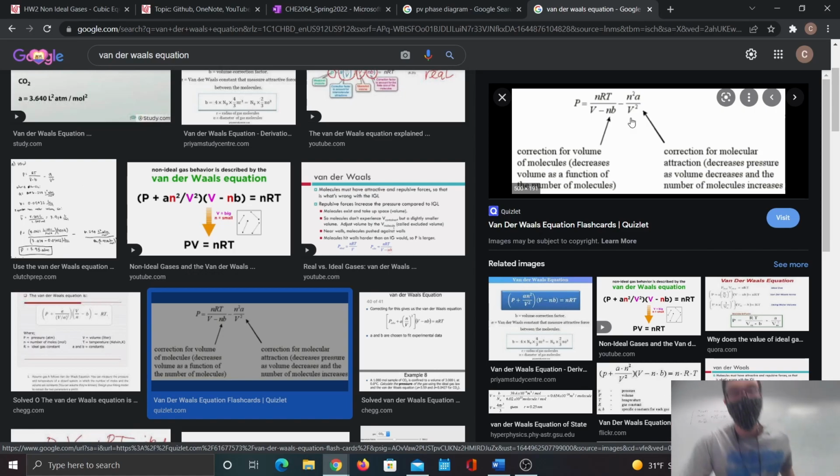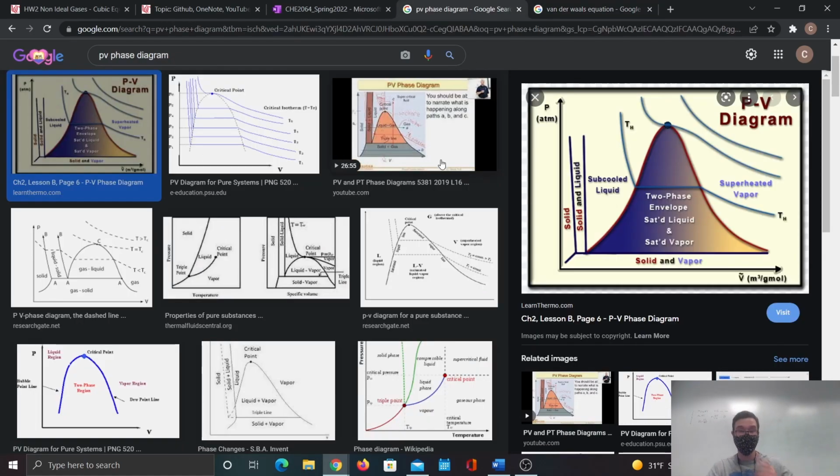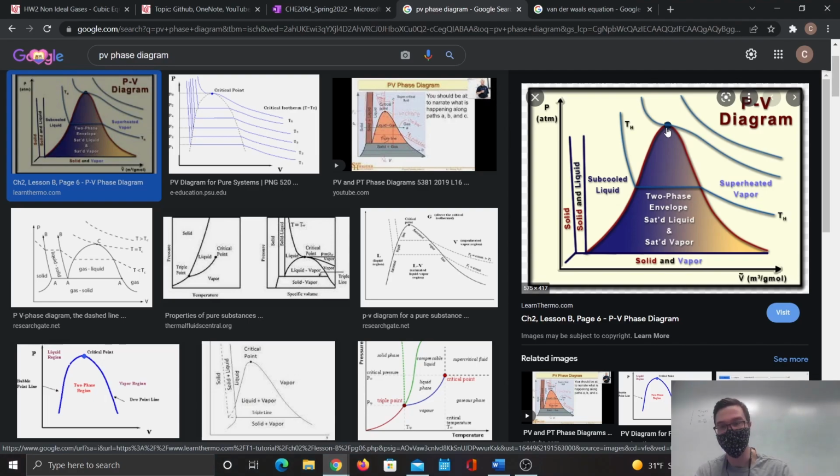So why does this matter in terms of the critical point? If you look up here at the isotherm, the critical point right here is a point of inflection, which means that not only is the first derivative 0, the second derivative is 0.